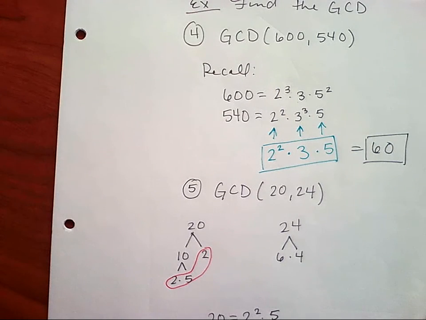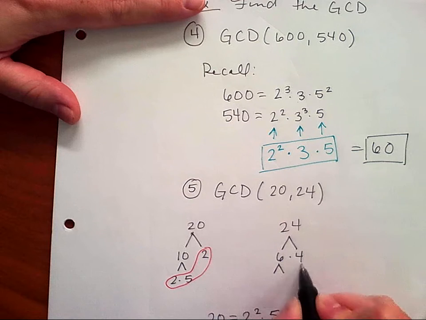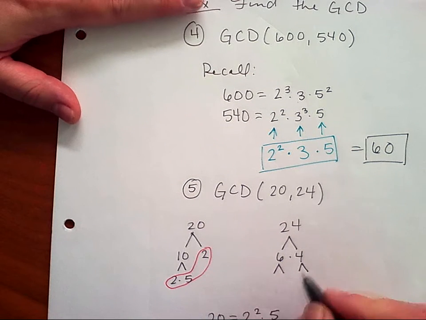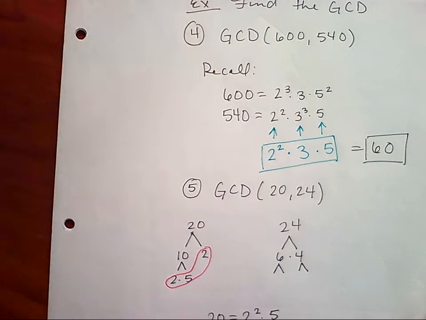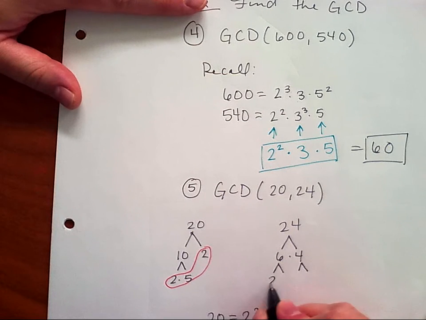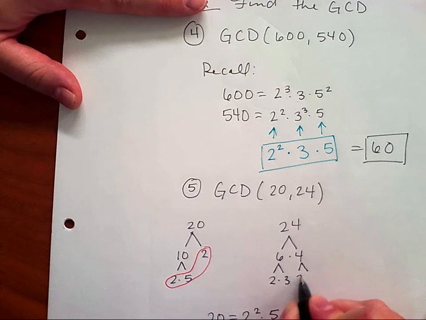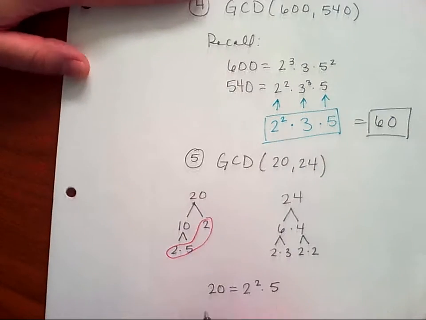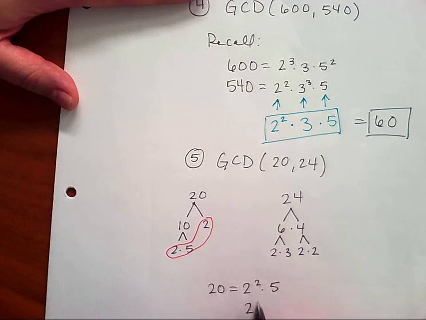Whatever you start with doesn't matter. What you end with is what matters. I'm just curious if it'll work, 12 times 2. Yes, that'll work too, because that's correct, right? Then you split 12 and keep 2. So 6 is 2 times 3, and 4 is 2 times 2. So 2 cubed times 3. Good.